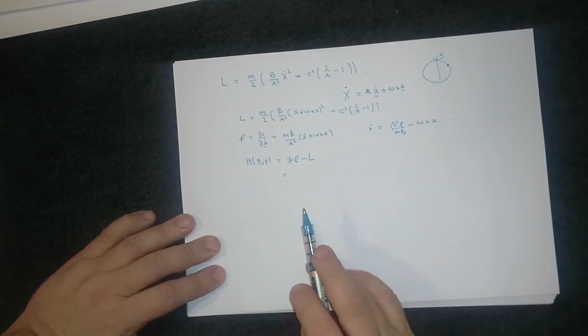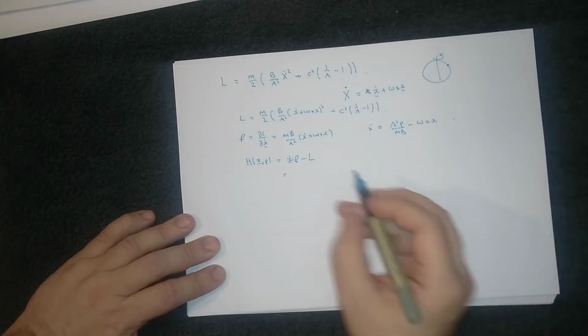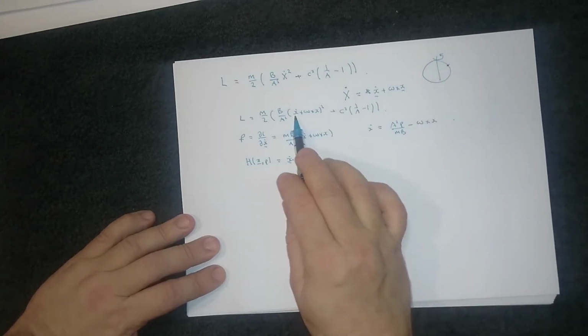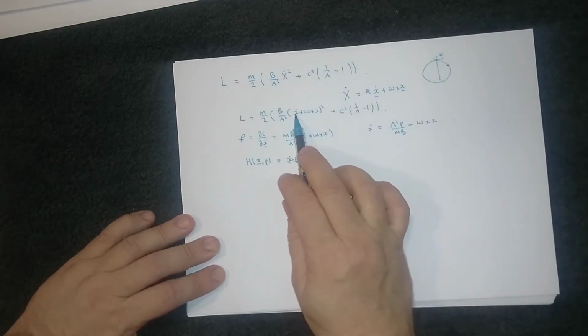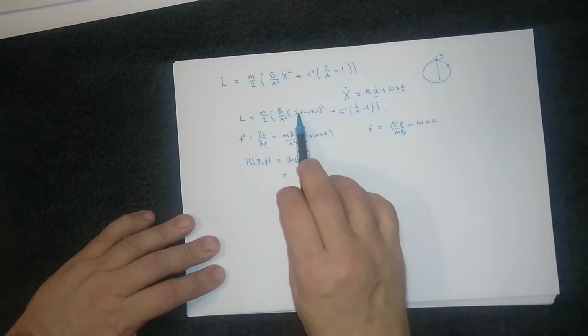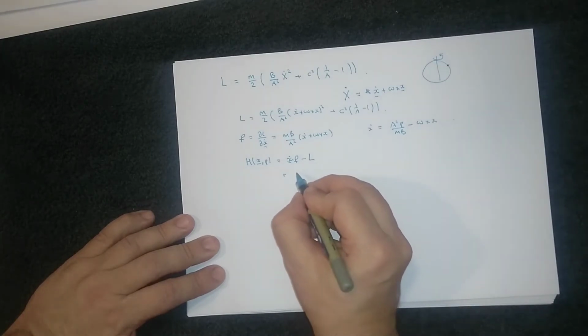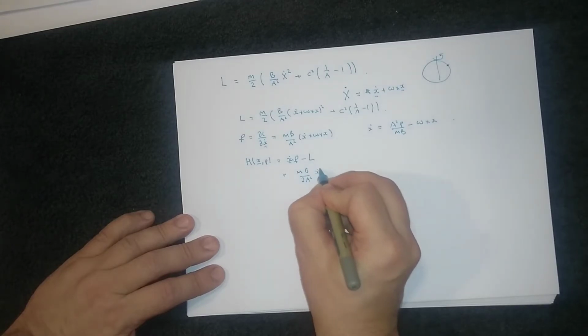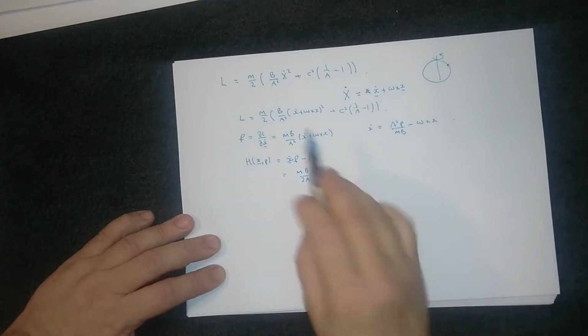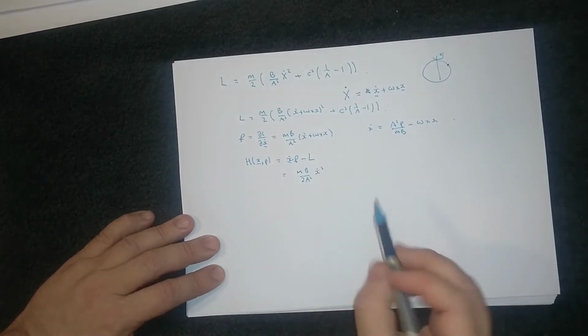Well, I'm going to be a bit sneaky here. I'm going to write this expression out in powers of x dot, and then notice that the Hamiltonian is given by preserving the x dot squared terms, so I get mb over 2a squared x dot squared. The terms which are linear in x dot all disappear, and the constant terms change sign.